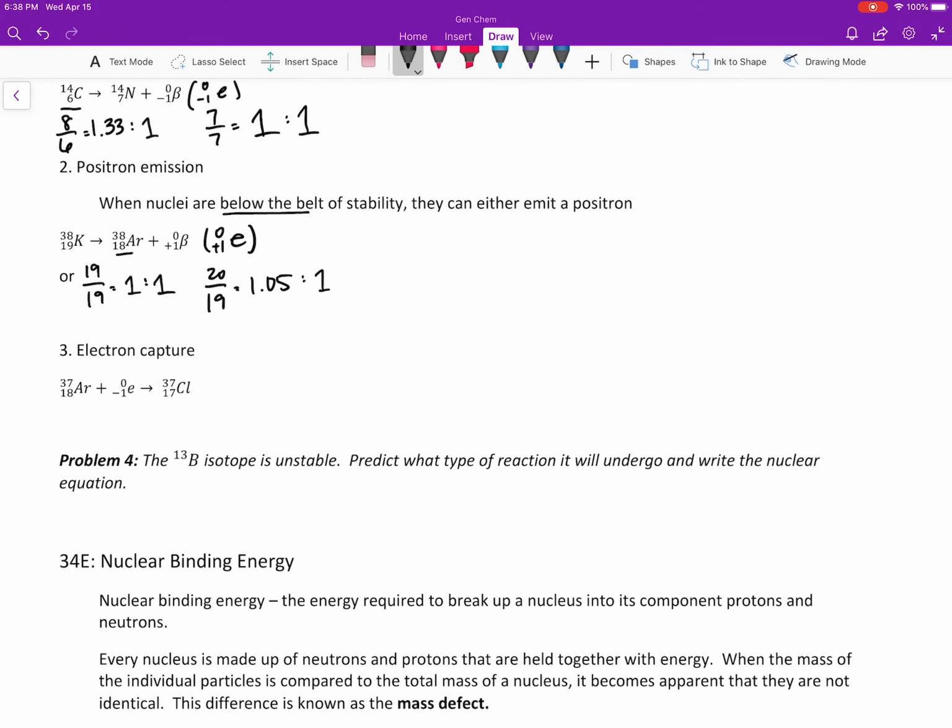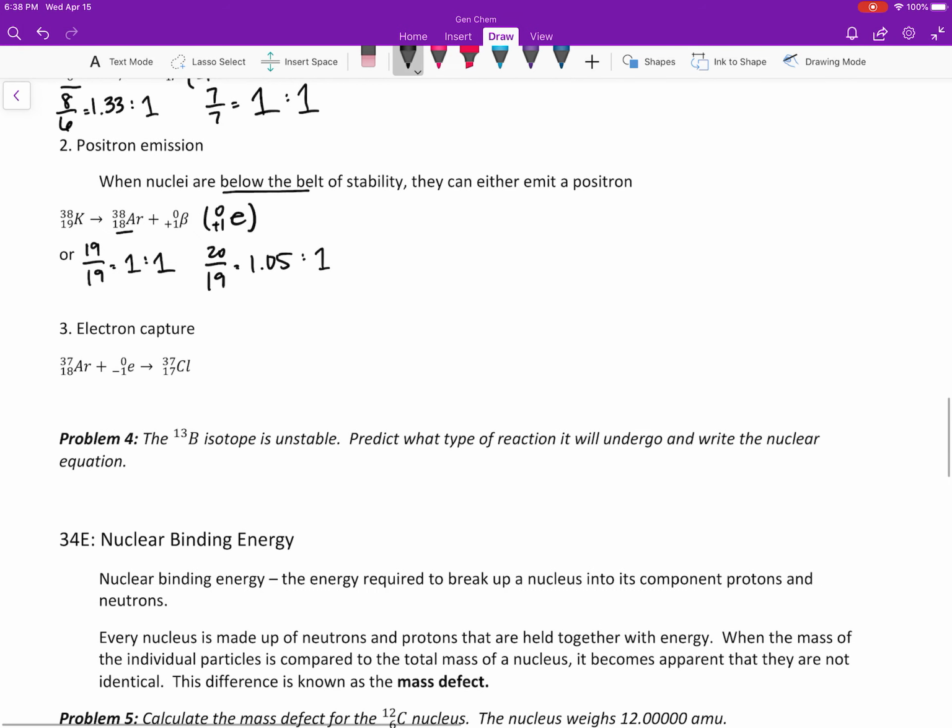However, if it's below, you will clearly know in the examples I'm going to give you that it would undergo positron emission. The next one is electron capture, so it's gaining the electron. We have the example of argon 37.